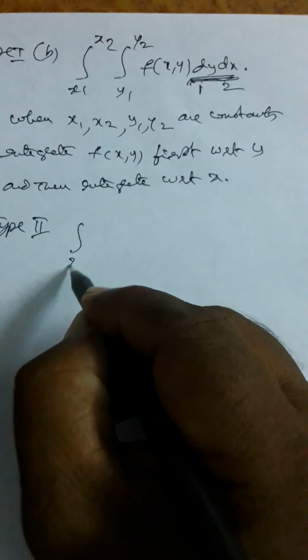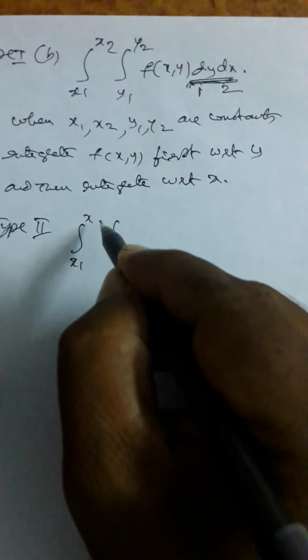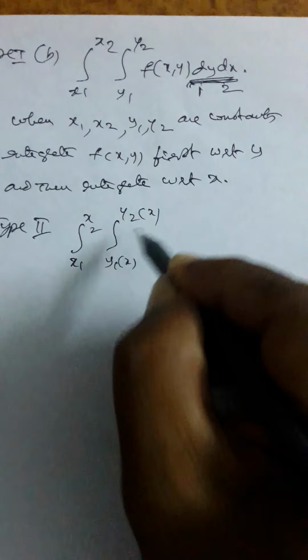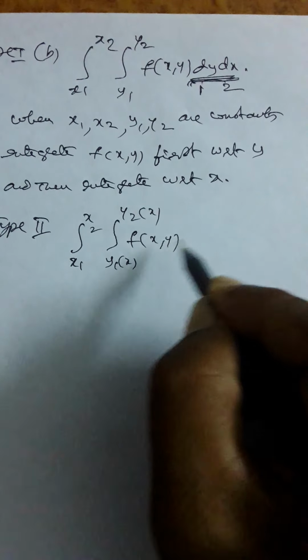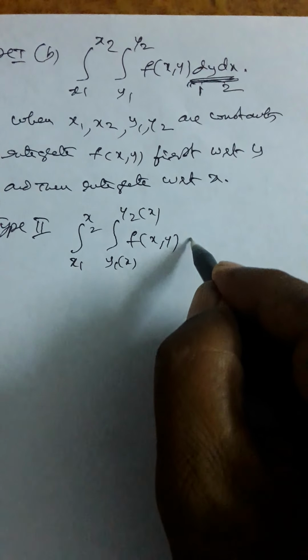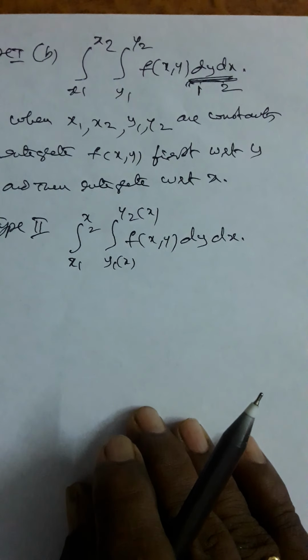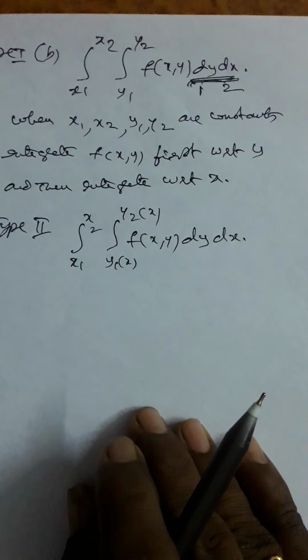Type 2, integral x1 to x2, y1 is a function of x, y2 is a function of x, f of xy dy dx.